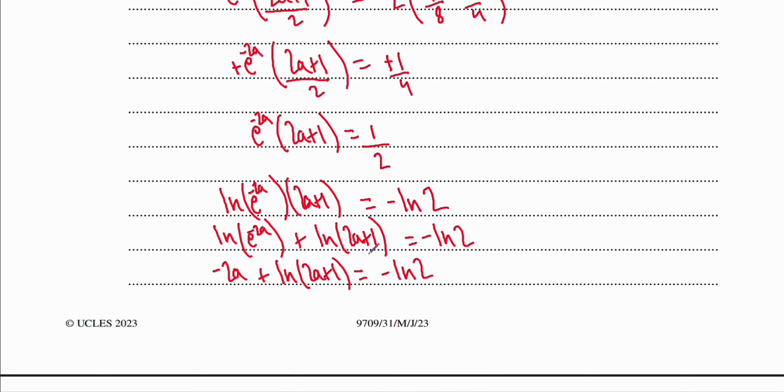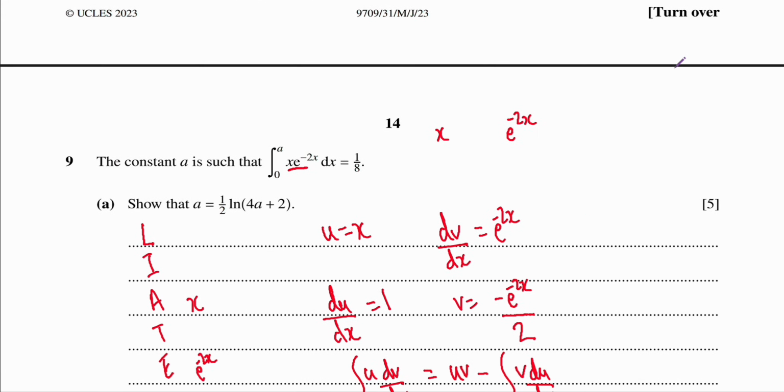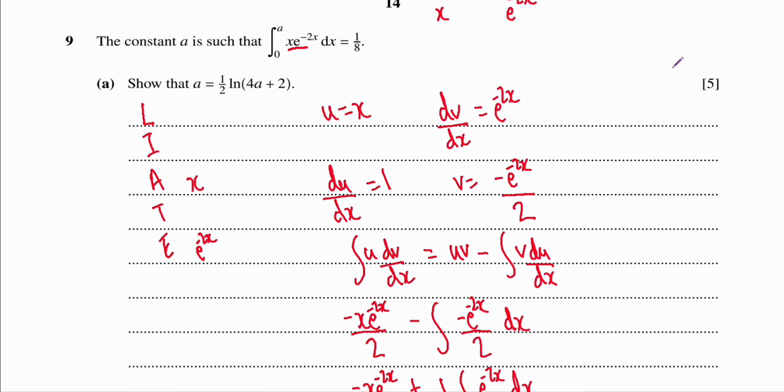Okay, how do we do that? So what we can do now is bring this 2a to the other side. So we have ln of 2a plus 1 is equal to 2a minus ln 2. Right? Yep, we have that right there.